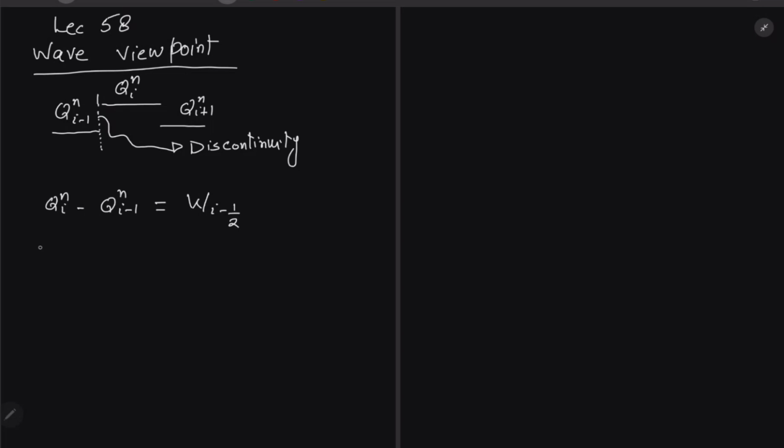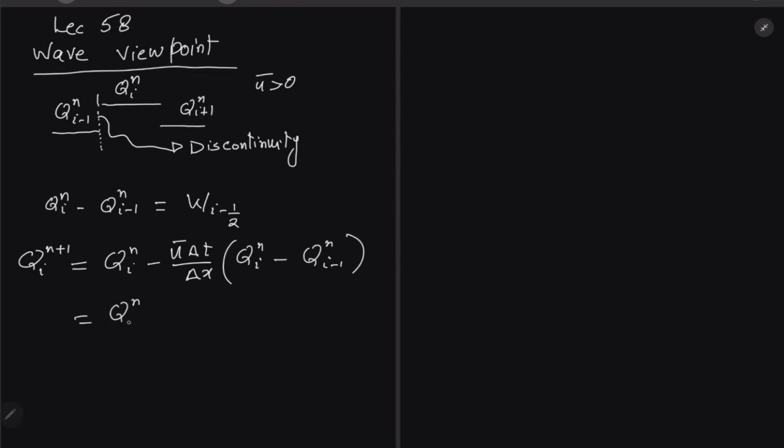So the numerical method we already developed was Q_i^{n+1} equal to Q_i^n for the advection equation we talked about, plus or minus u bar delta t by delta x. If the information is moving from left to right, it means u bar is greater than 0, and we have Q_{i-1}^n.